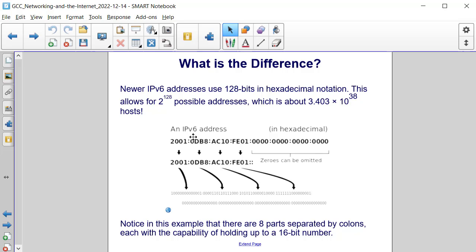So the IP version 6 addresses contain 8 parts, 1, 2, 3, 4, 5, 6, 7, 8. And in this example, each part is separated by a colon instead of by the dots that we saw in IP version 4, and each of them has the capacity of holding a 16-bit number.